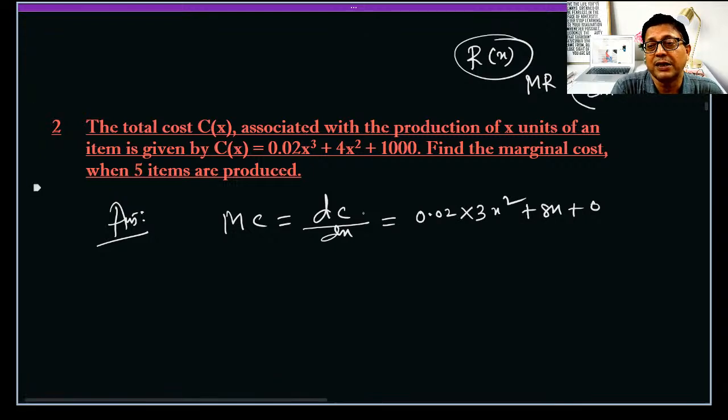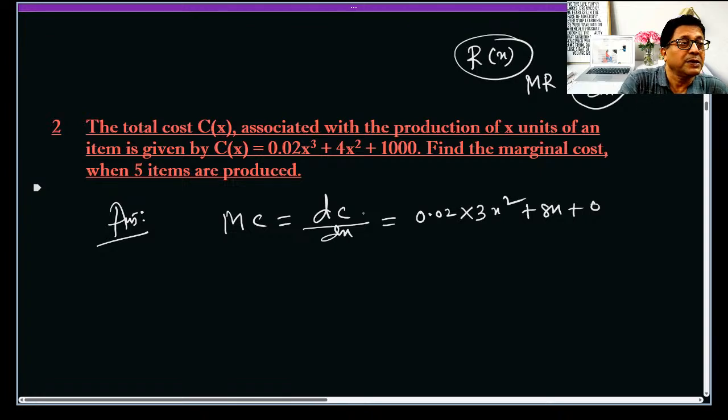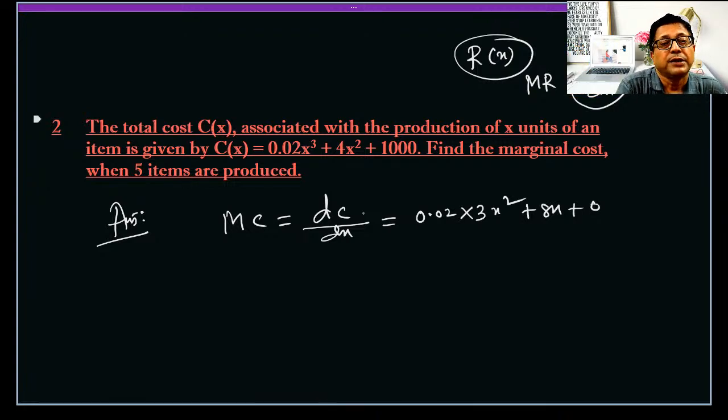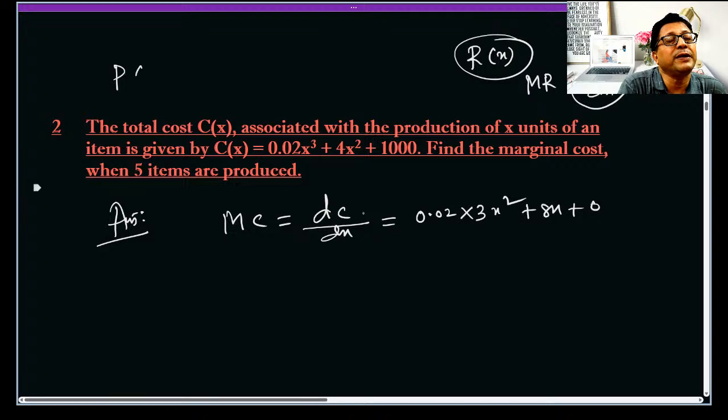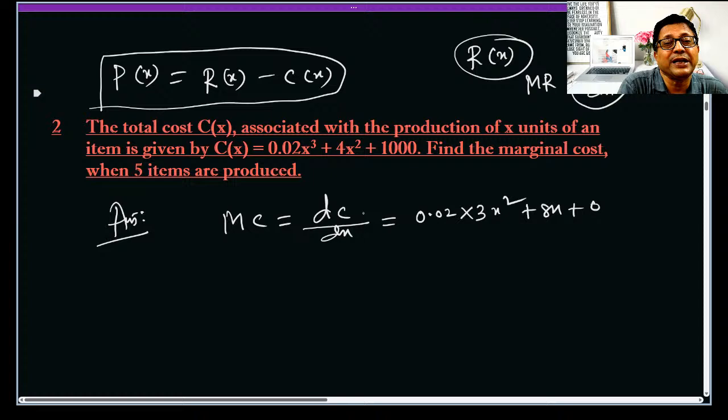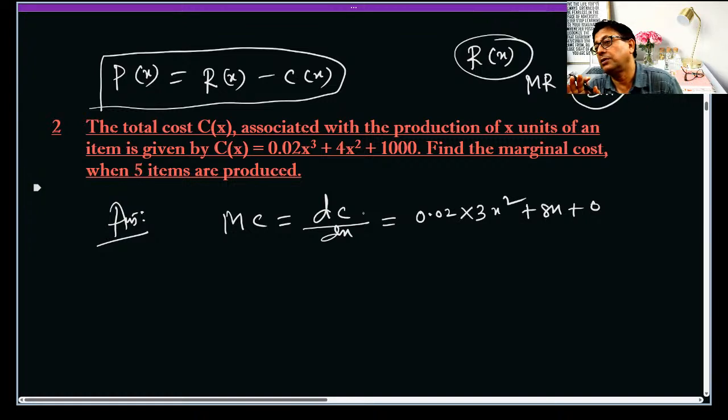Remember, this revenue function plays the role of selling price. Okay, but we never say selling function, it is revenue function. Then if they ask you profit function, how will you define that? Profit function will be revenue function minus cost function. I am assuming these R(x) and C(x) indicate total revenue and total cost, not revenue per item or cost per item. Clear?